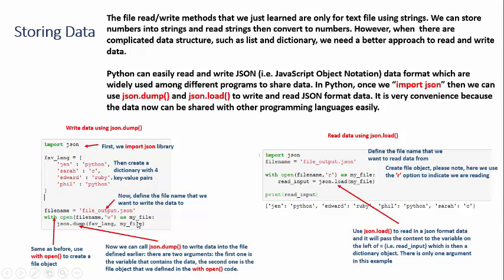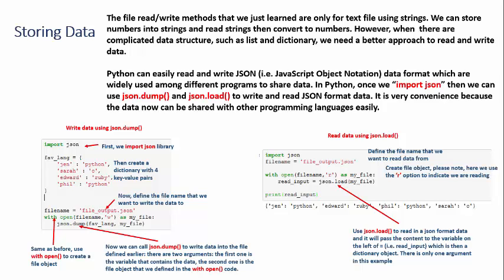So after we call this JSON.dump method, we're going to save all the information in fav_lang into the file_output.json file with the JSON format.